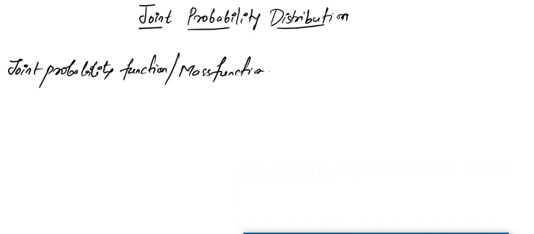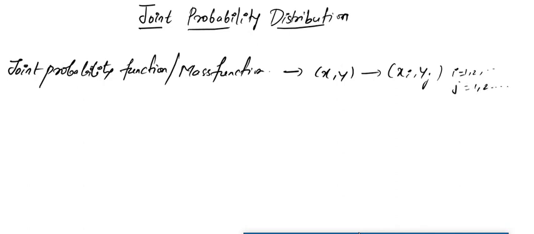First one is the joint probability function, also called the mass function. Here we have two variables, capital X and capital Y, which form a two-dimensional discrete random variable, with respect to xi, yj, where i varies from 1, 2, 3, and so on, and similarly j varies from 1, 2, 3, and so on.